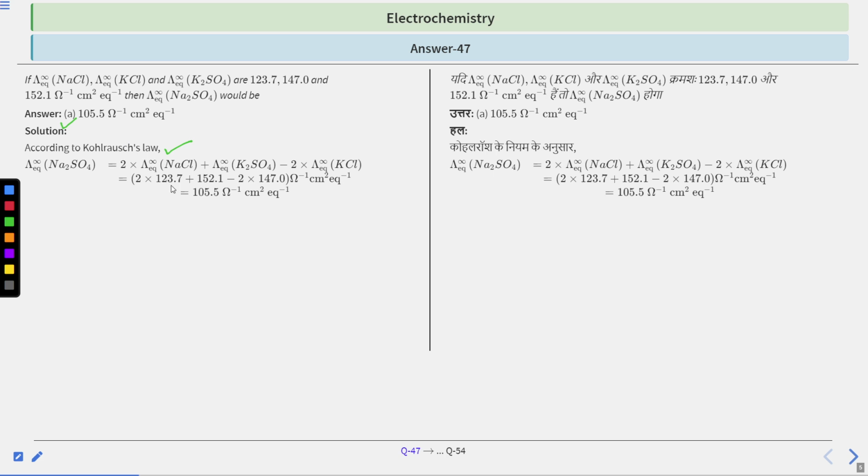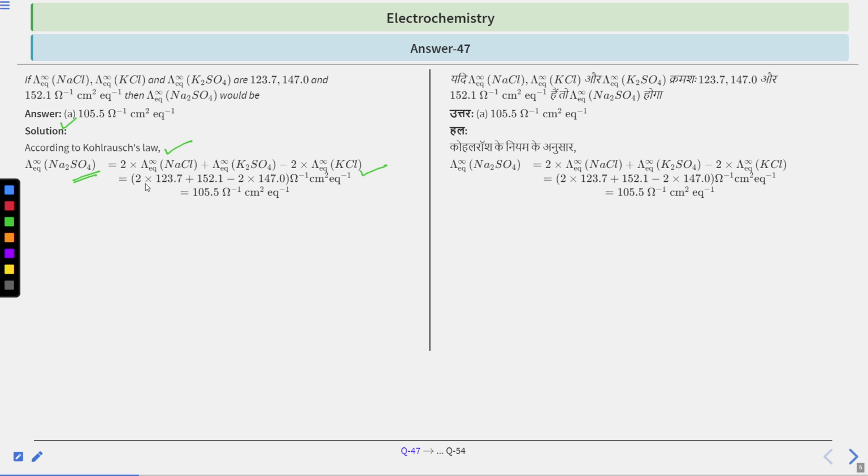So by that concept, lambda equivalent infinity for Na2SO4 equals twice lambda infinity equivalent of NaCl plus lambda infinity equivalent of K2SO4 minus twice lambda infinity equivalent of KCl.